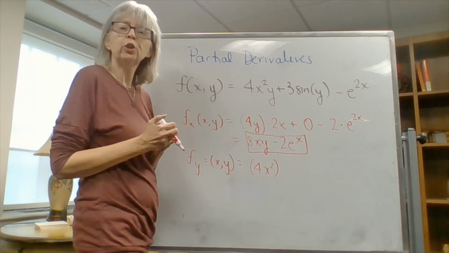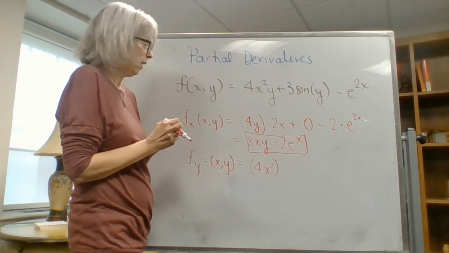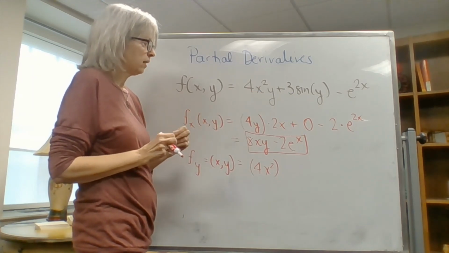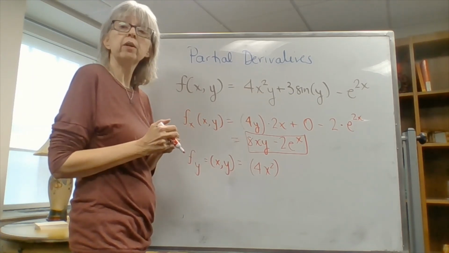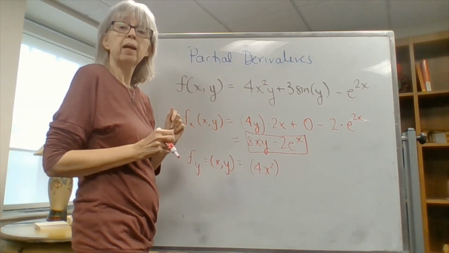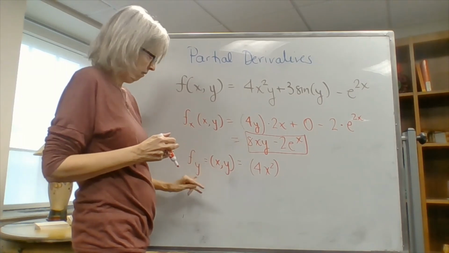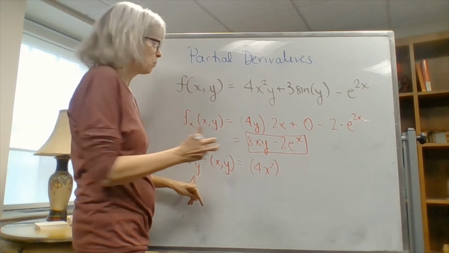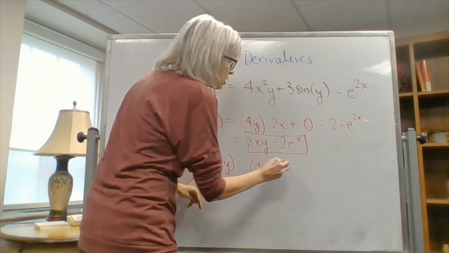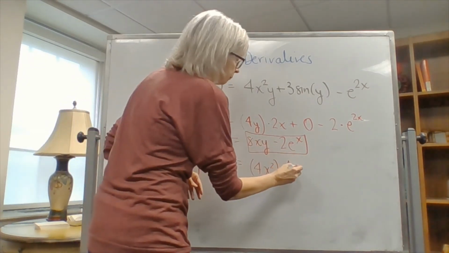I am only looking at what a change in a y value will do to my height. So x gets treated like a constant, 4x squared gets treated like a constant, and the derivative of a constant times y, when I'm treating y as my variable, is just the constant times 1 if you need to write it.